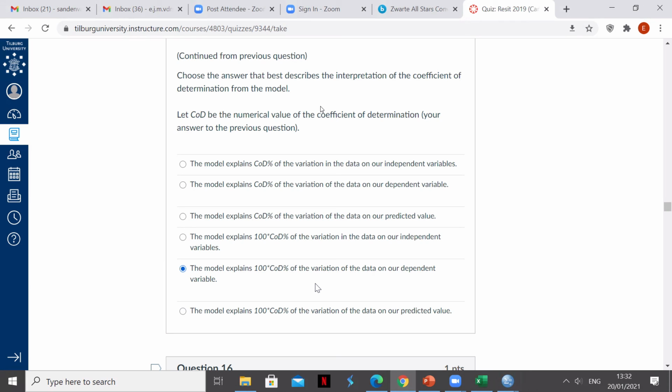I must say it's formulated a bit weird, I think. But what they mean is that 100 times 0.096 in this case, so 9.6% of the variation of the data of our dependent variable is explained. I must say it really is formulated quite difficult.